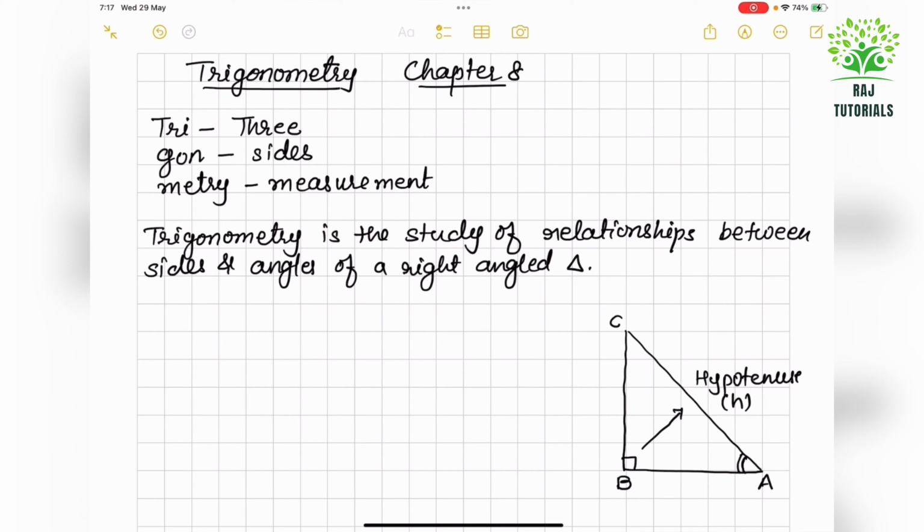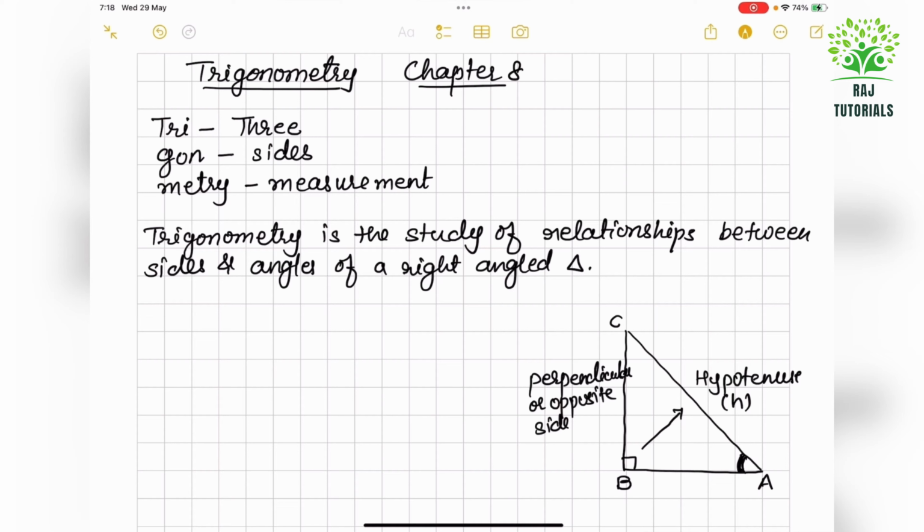Now the angle which is given to me, that is angle A, the side opposite to angle A will be either you can say perpendicular or opposite. So I will write perpendicular or opposite side because it is opposite to the angle.